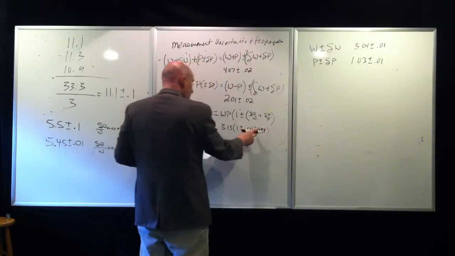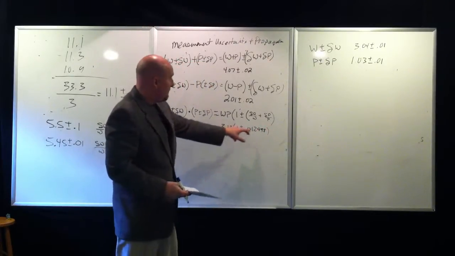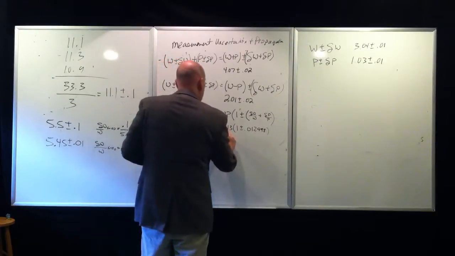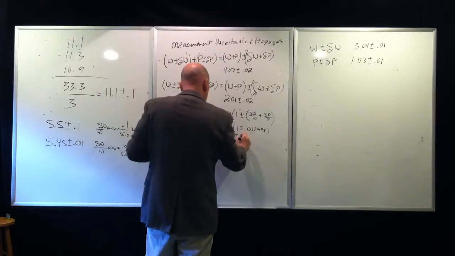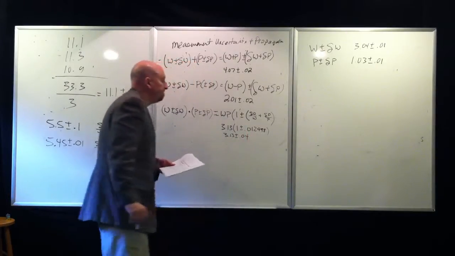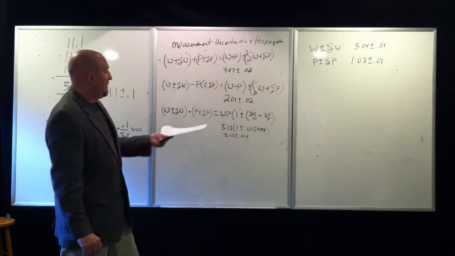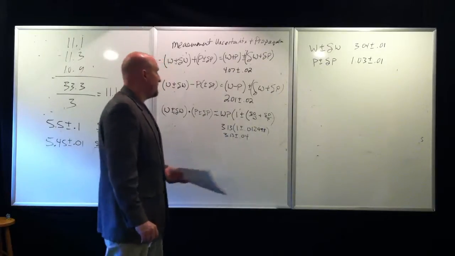I'm leaving the number long in there because I still have to multiply that through. It results in 3.13 plus or minus 0.04. Multiply that through and round up to the second digit.